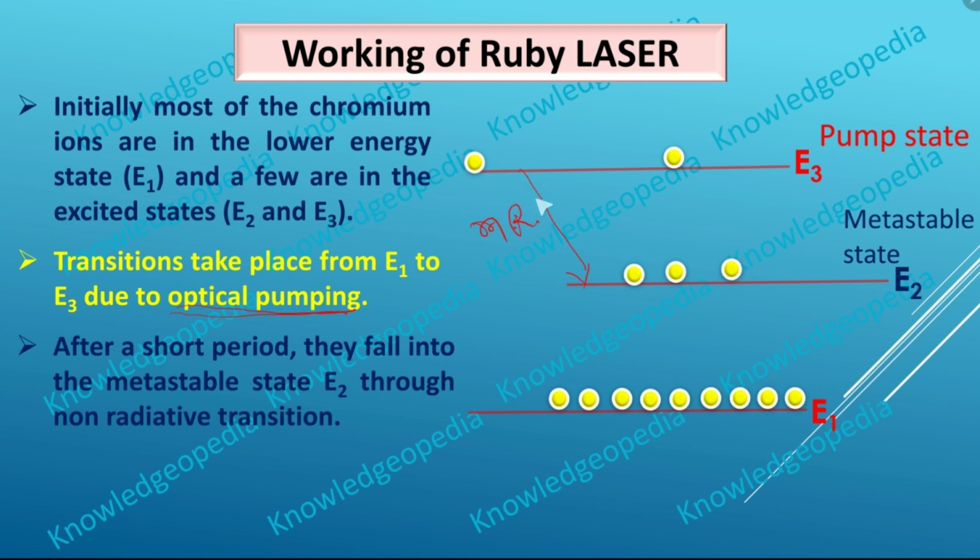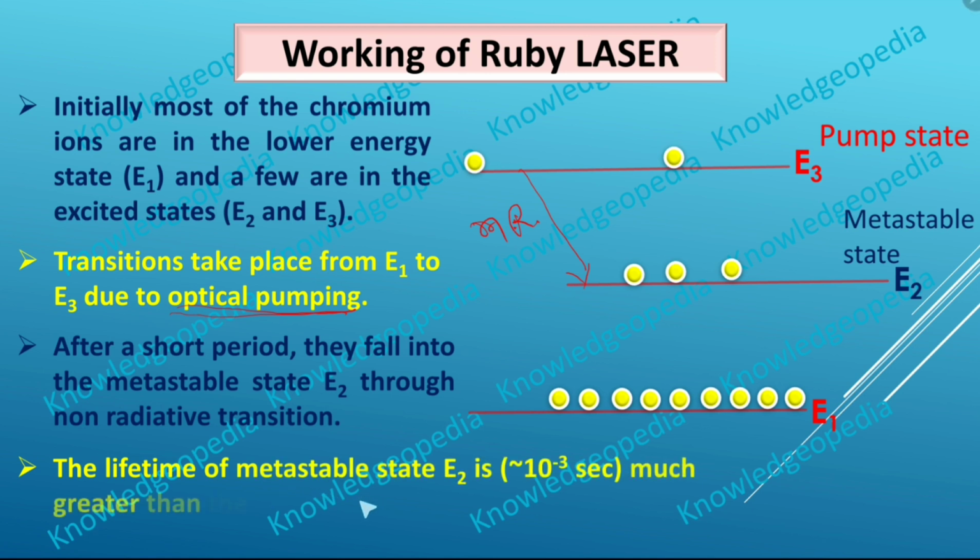This transition is non-radiative in nature. Here let me mention that the lifetime of the metastable state E2 is much greater than the lifetime of the pump state. So the ions can stay at E2 for a much longer time as compared to the time they can stay at E3.